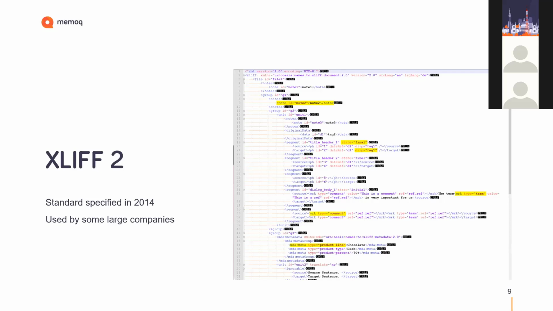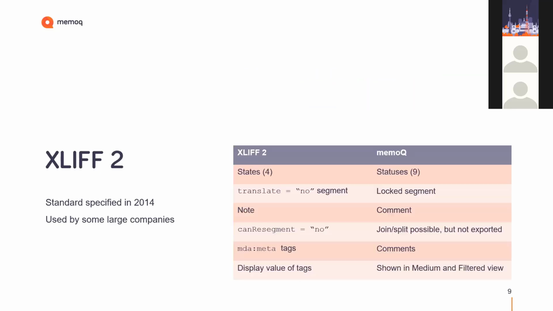On the other hand, some companies who create their own XLIFF files started using it, and there are big companies among them. So we created a separate filter for XLIFF 2, and we are handling some features, not all of the features because it is a huge standard, but the popular features we are supporting.